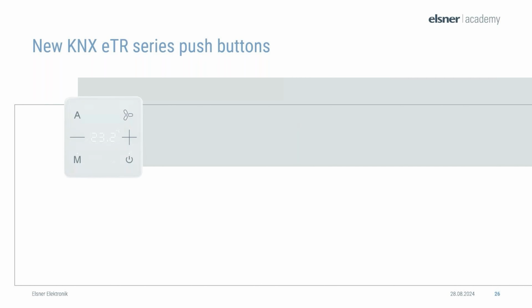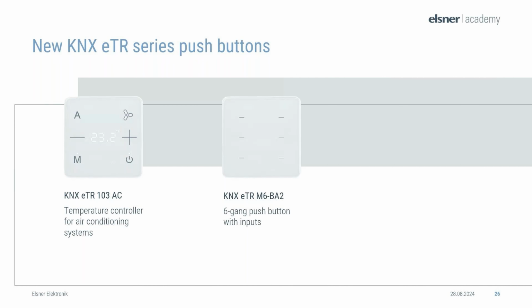We talked about the KNX eTR 103 AC, we talked about the eTR M6 BA2, and we talked about the eTR 101 M4. Some of the devices are already registered, and we're in the last stretch of the development process, but it's still going to take a couple weeks until everything is done. So I think very plausible is that we're going to release those products over the course of Q1 in 2025.